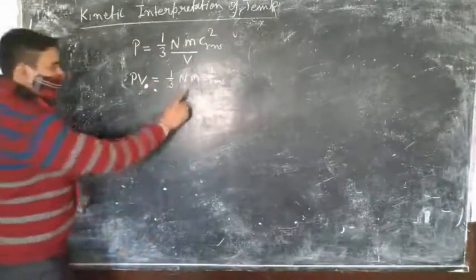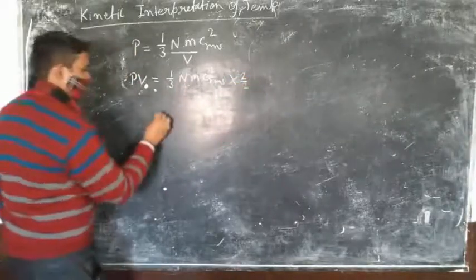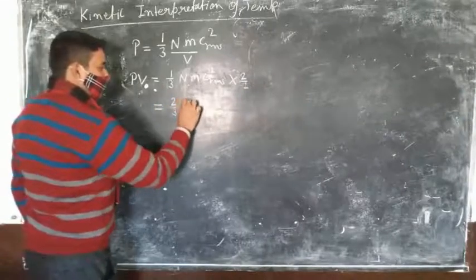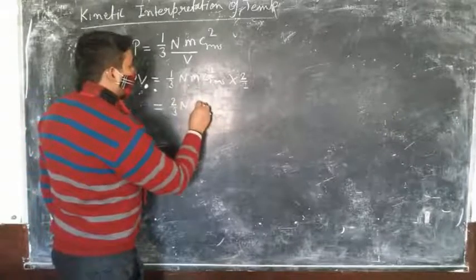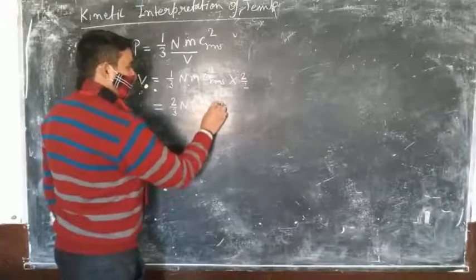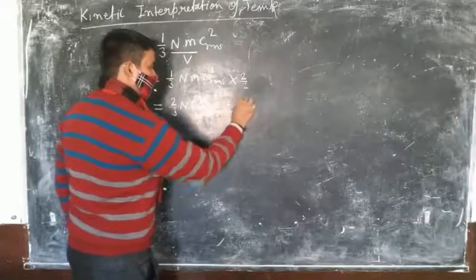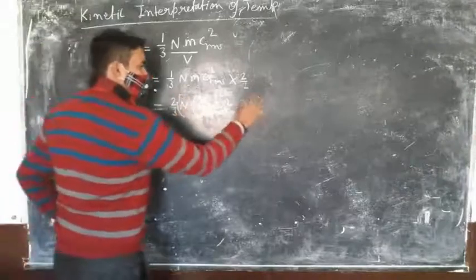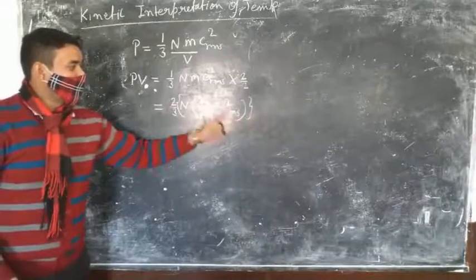Now by multiplying and dividing by 2, we get 2 by 3 into 1 upon 2 m CRMS square.